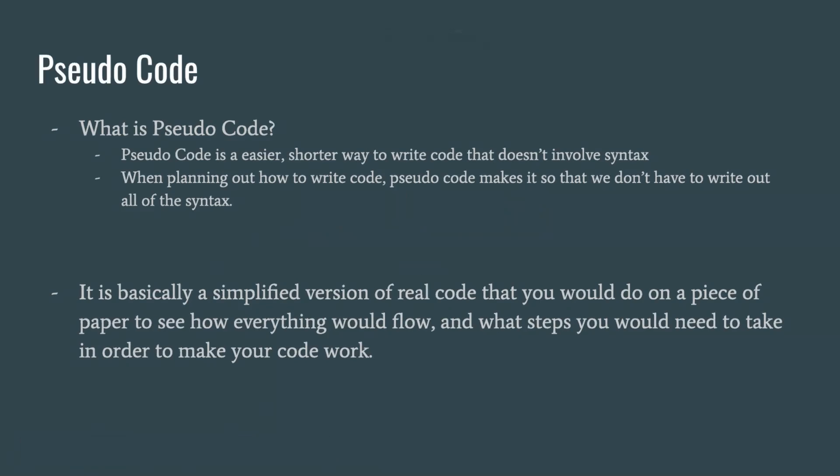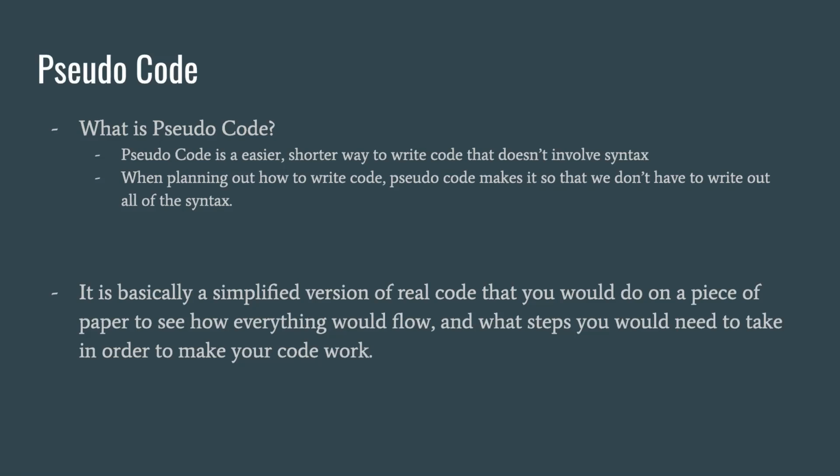Okay, so it seems people don't have a lot of experience with pseudocode, so we'll just explain it. Basically, pseudocode is an easier or shorter way to write the code where you don't have to focus as much on the syntax, but it's where you plan out how you want your code to look so that you can perform whatever function you want.